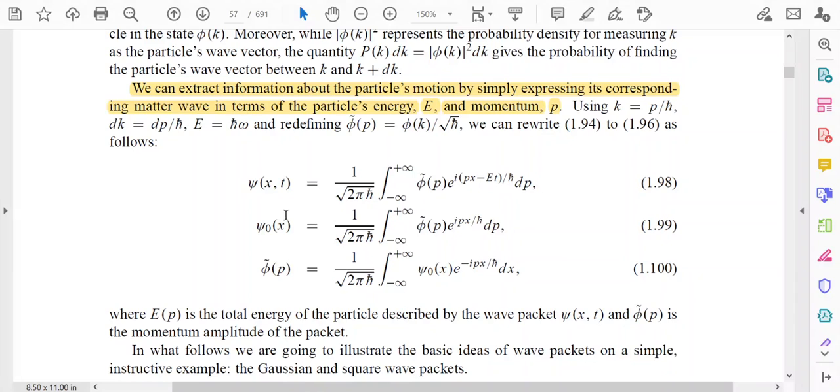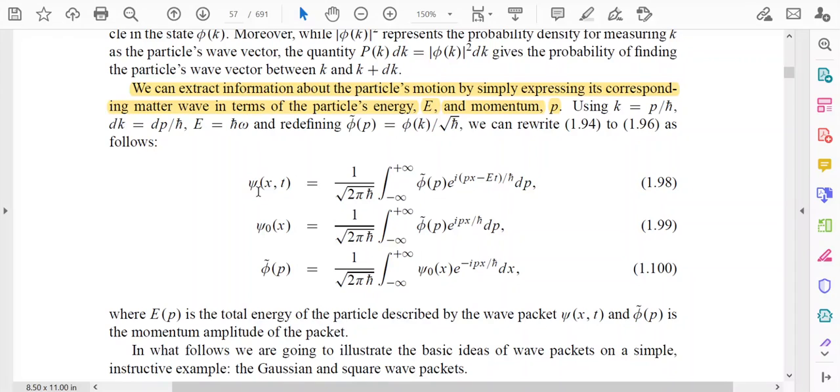You see that the wave function or the wave packet psi x t here has been written in terms of energy and momentum. Equation 1.98 describes the wave packet in terms of momentum p. You see that momentum p is here on the right hand side, as well as energy. So equation 1.98 describes the wave packet in terms of energy and momentum.